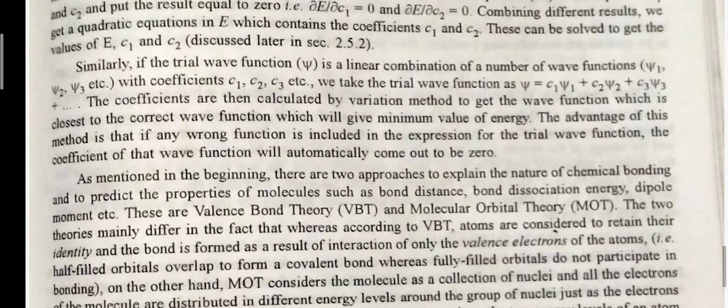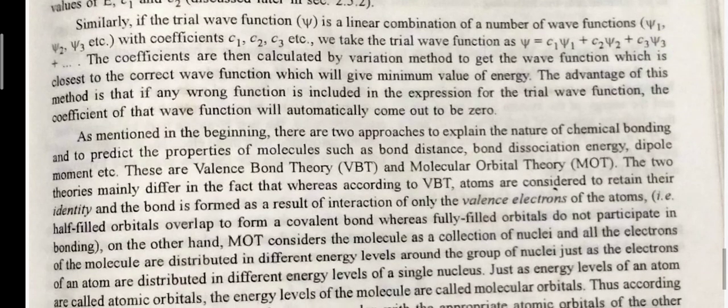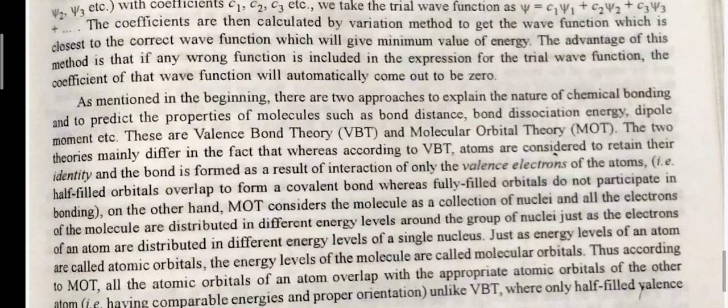On the other hand, MOT considers the molecule as a collection of nuclei, and all the electrons of a molecule are distributed in different energy levels around the group of nuclei, just as the electrons of an atom are distributed in different energy levels of a single nucleus. Just as energy levels of an atom are called atomic orbitals, energy levels of a molecule are called molecular orbitals.